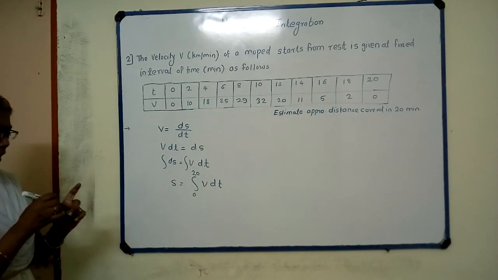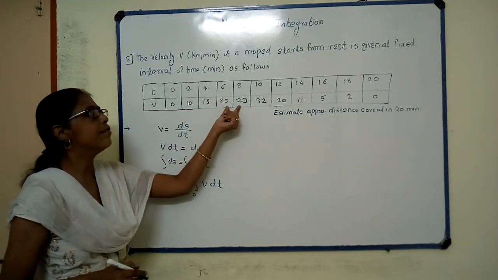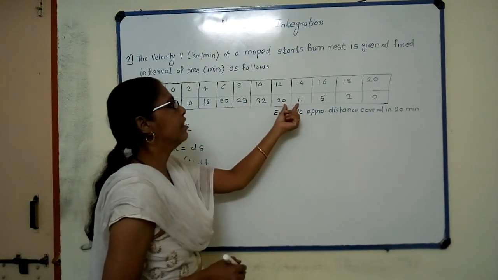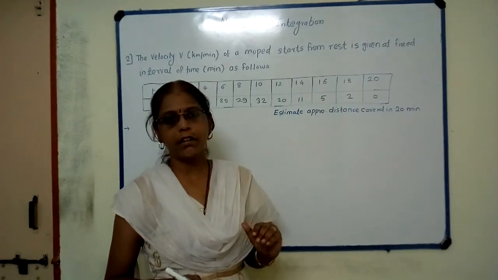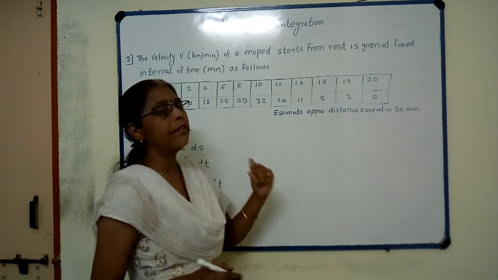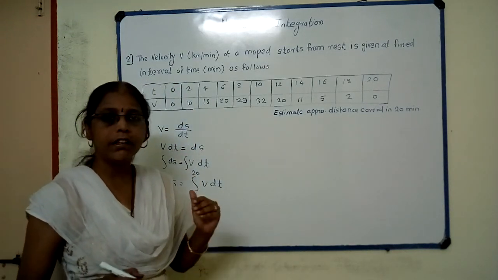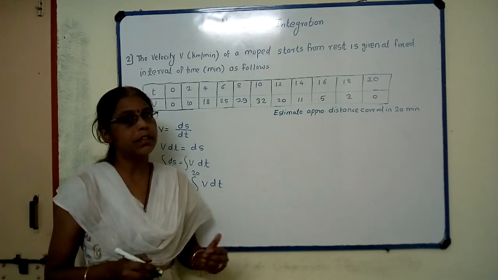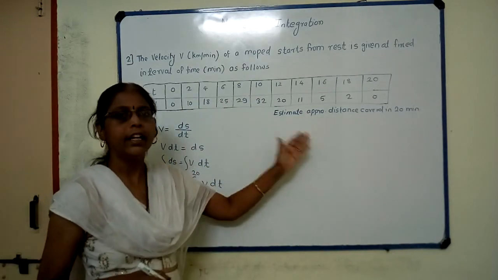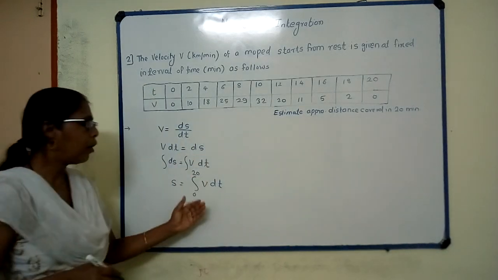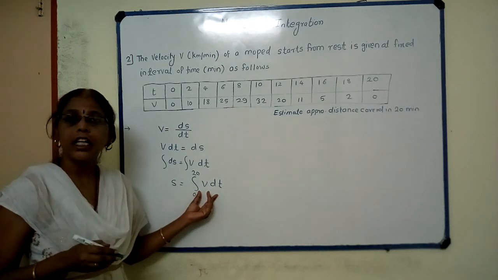Now see here the intervals are 1, 2, 3, 4, 5, 6, 7, 8, 9, 10. So even number of intervals. If intervals are an even number, we have to use Simpson's 1/3 rule. This is the tag for when we have to use Simpson's 1/3 rule. Since here the intervals are 10, an even number, we apply Simpson's 1/3 rule to evaluate this integral.